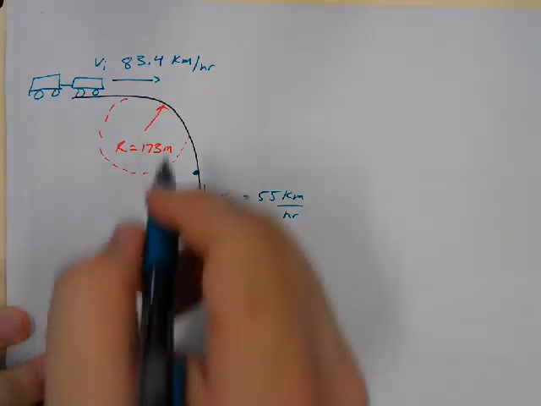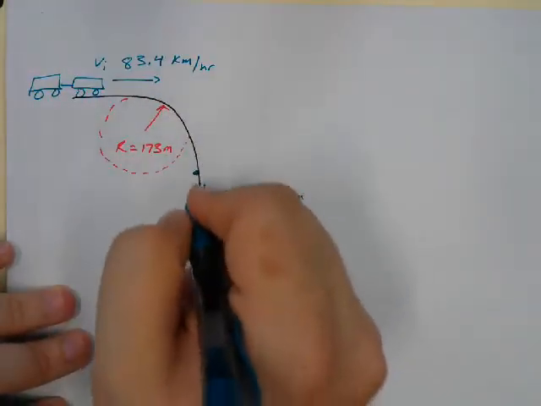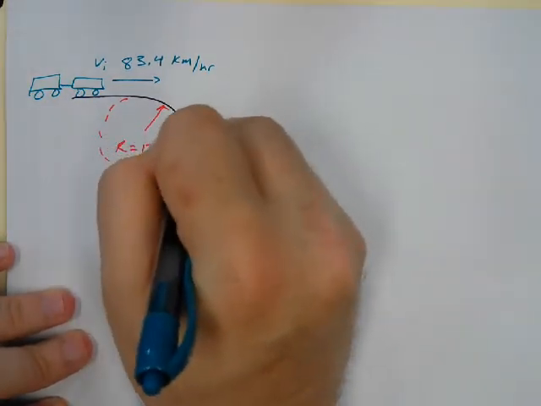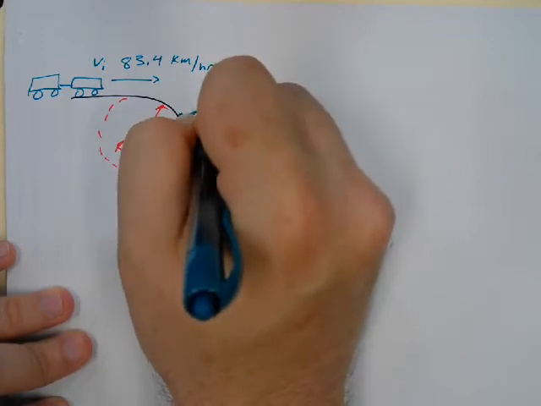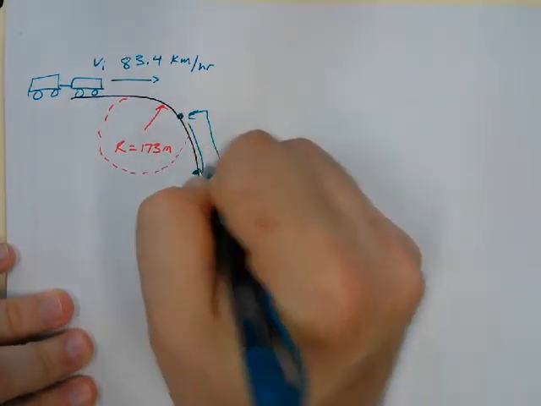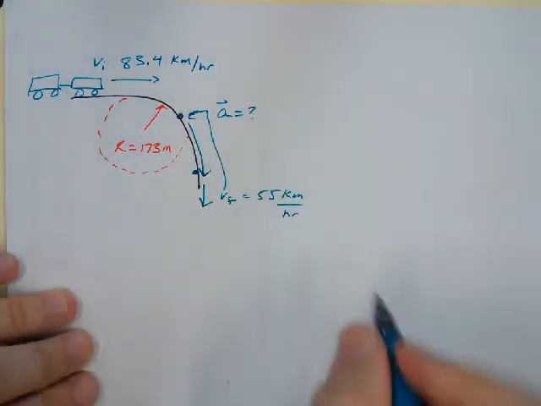Now, what's going to happen is it's probably going to continue going around. Maybe this point is actually up here somewhere, and it continues on. So at this point, we want the acceleration here, and that's the total acceleration.